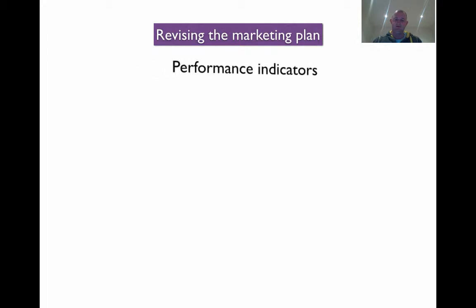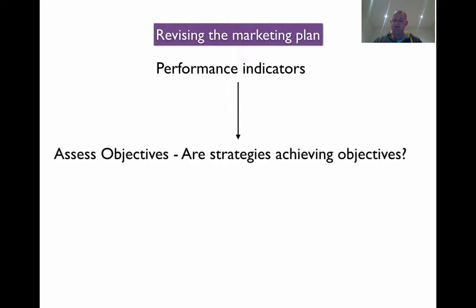Okay, so revising the marketing plan. We've used our performance indicators to see whether or not we've achieved our objectives and strategies or how effective the strategies have been. So initially, when we've created our marketing plan, we've got objectives in that plan, so a goal.